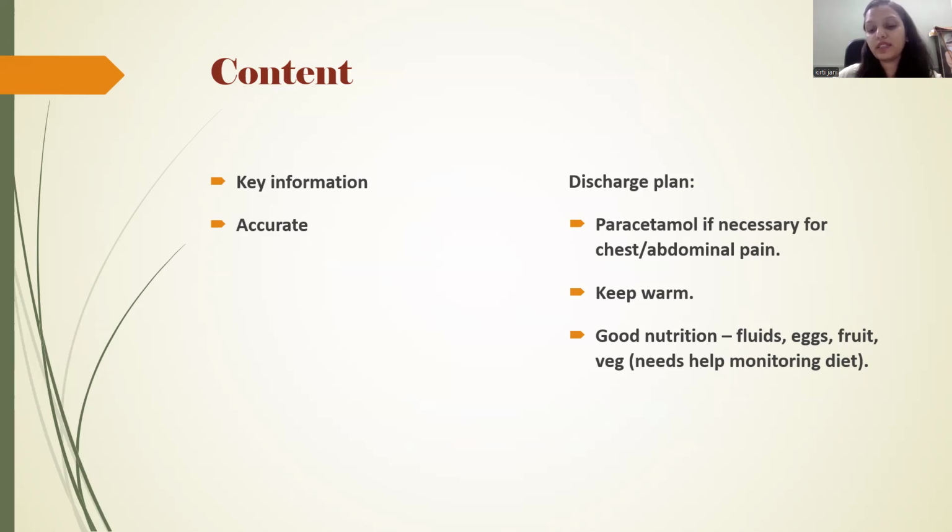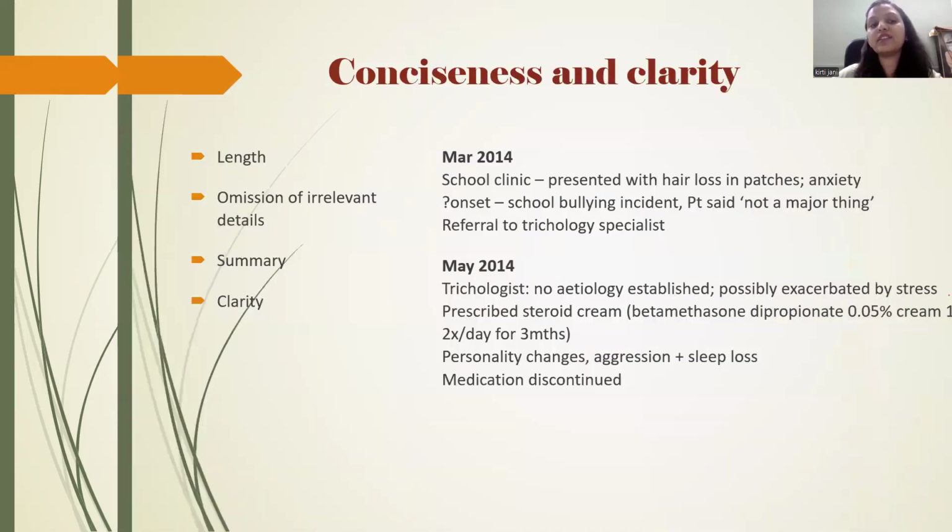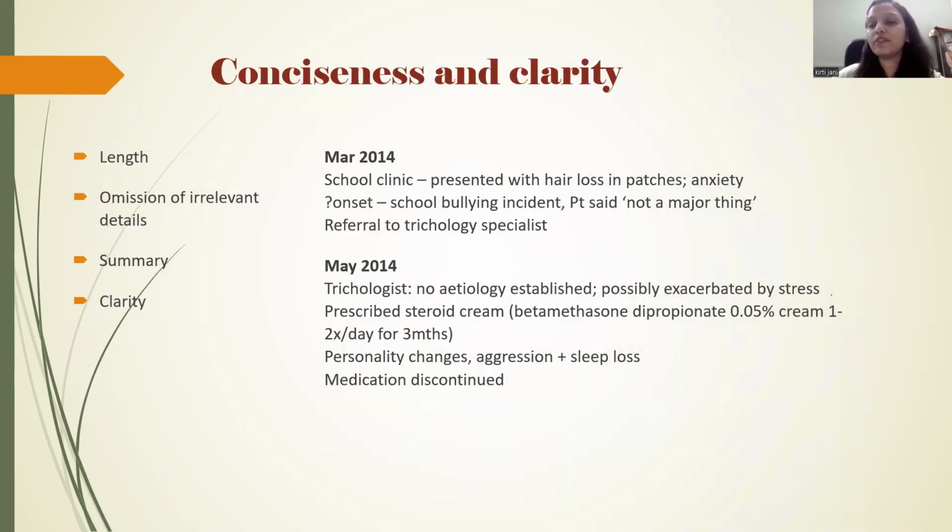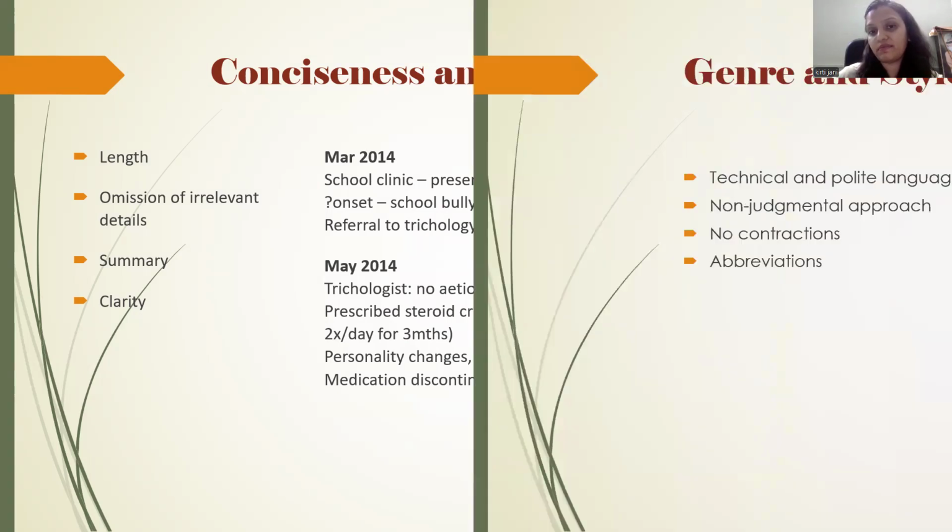Second is conciseness and clarity. The length of the letter should be 180 to 200 words, but it is not a mandatory word length. You can write a little less or more. You should exclude all the irrelevant information which is not necessary for the reader to know to provide further care. Summarize your information effectively, which gives clarity.